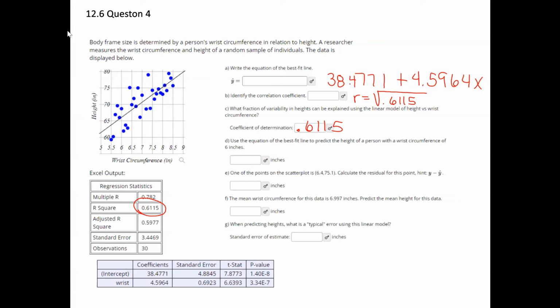Calculate the residual. What do you have to calculate? You have to calculate y hat.